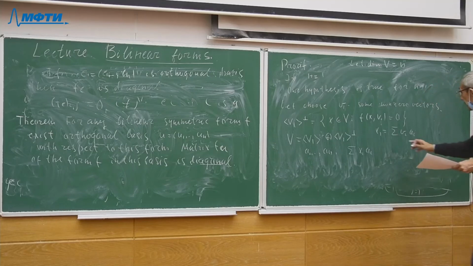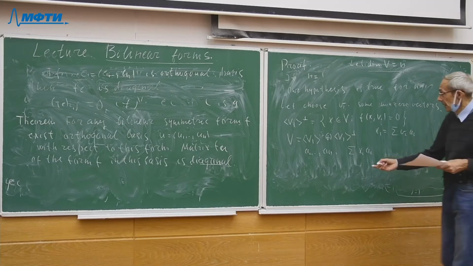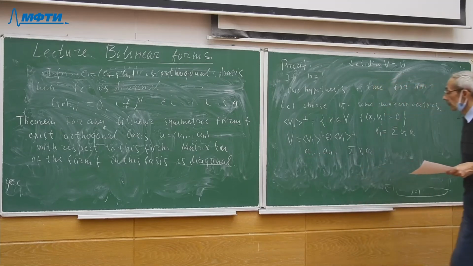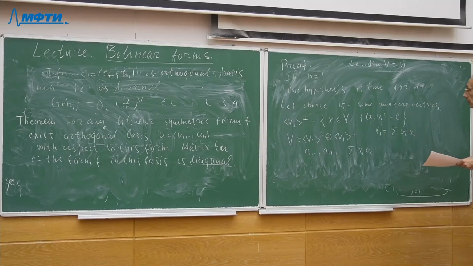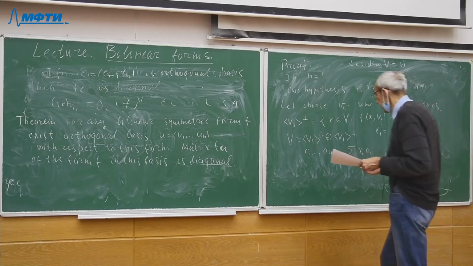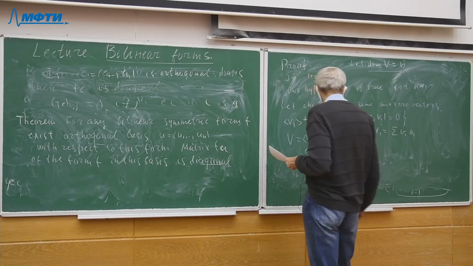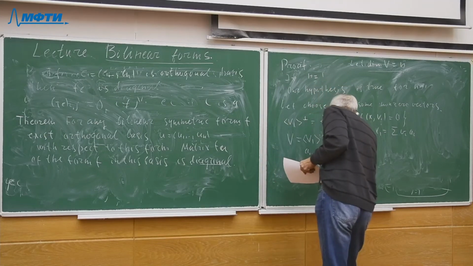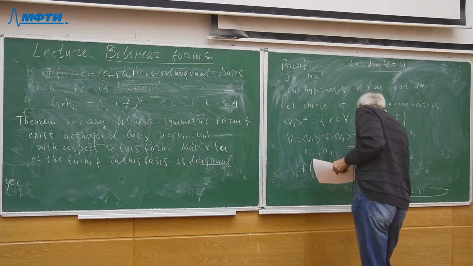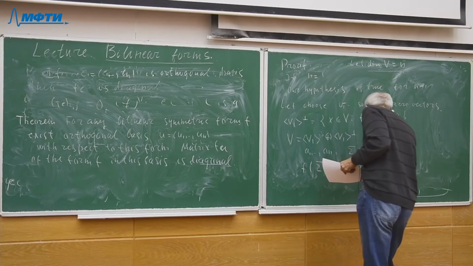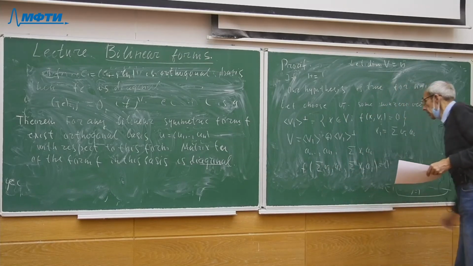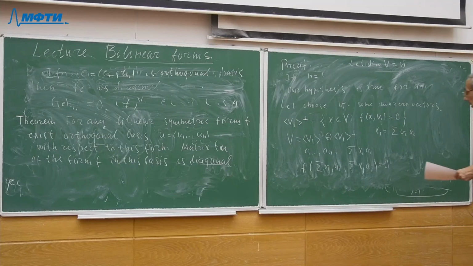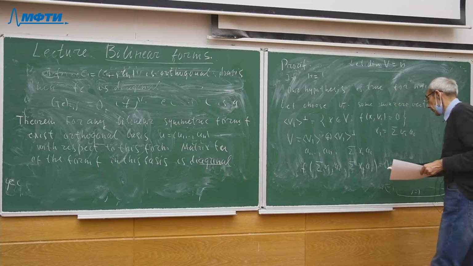Since a1, ..., an form a basis, it follows that this decomposition is unique. And also, if we apply our form to this pair of vectors, we obtain the following equation.